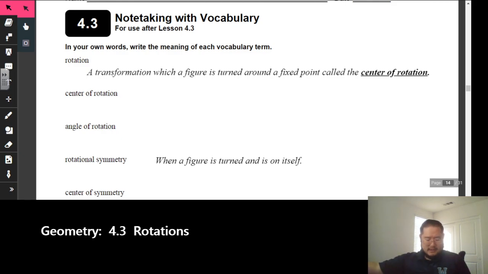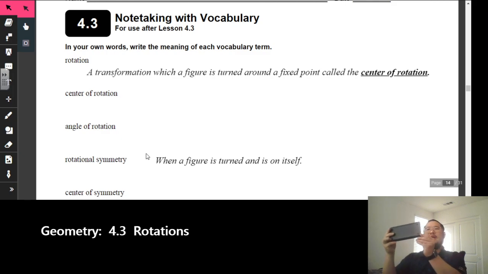The angle of rotation is how many degrees we would actually rotate something. We could rotate it 90 degrees, 360, 120, you name it. It all depends on the problem. Let's go down to this next term, rotational symmetry, which is when a figure is turned and lands on itself.